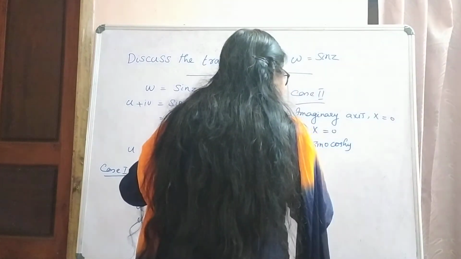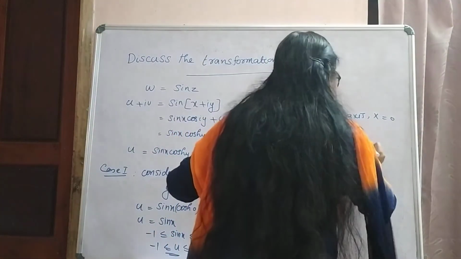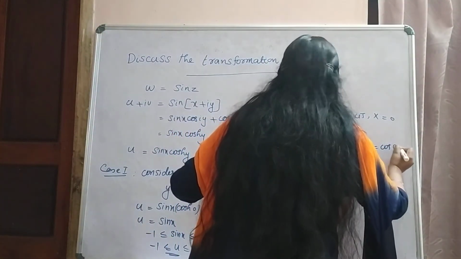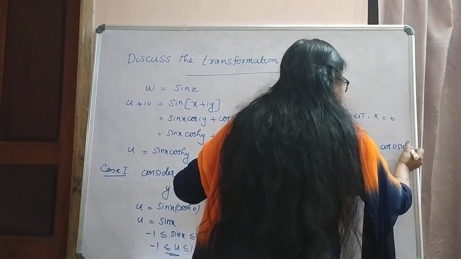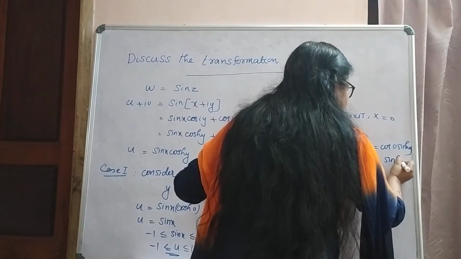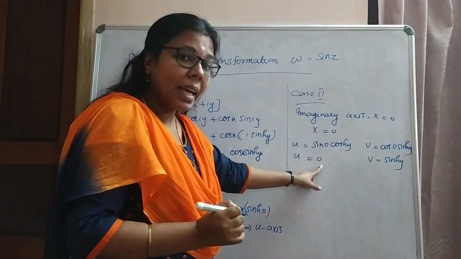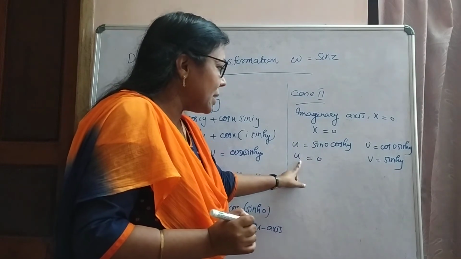Sin 0 is 0, therefore u equal to 0. Also v is cos 0 sinh y. Cos 0 is 1, therefore v equal to sinh y. U equal to 0 means the v axis, that is the complete imaginary axis.